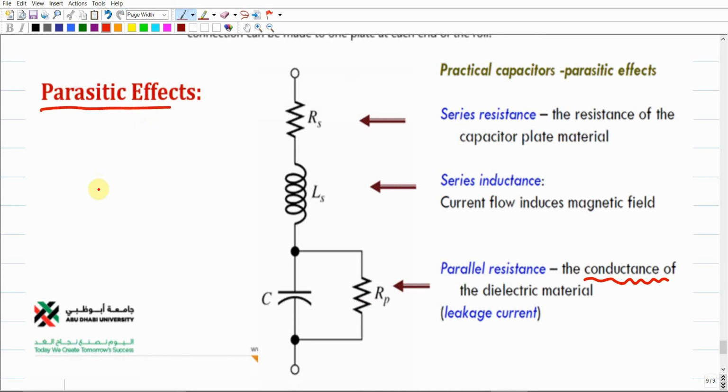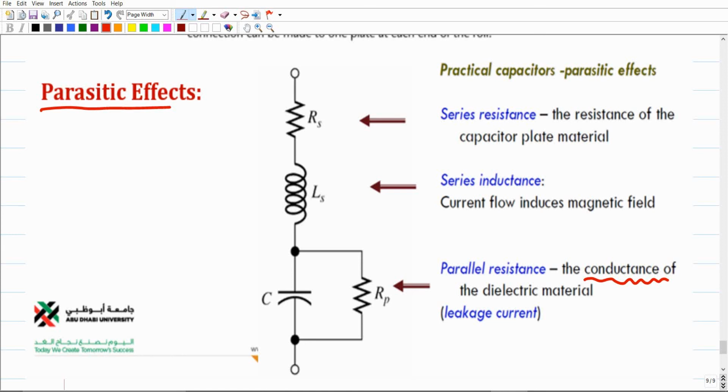And these parasitic effects are very negligible in many applications of the capacitance, right? But in some specific applications, the parasitic effect is a big deal, and there is lots of research regarding the parasitic effect on the capacitor, studying it and harnessing it in some applications.